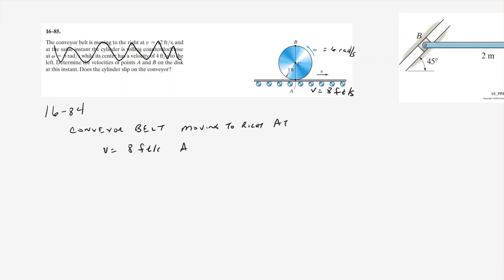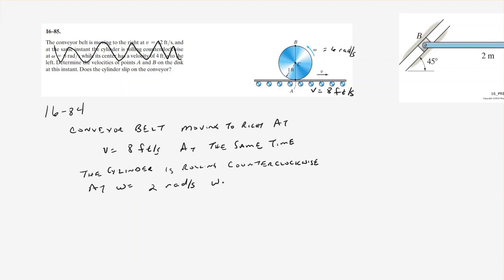At the same time, the cylinder is rolling counterclockwise at omega is equal to 2 radians per second without slipping.